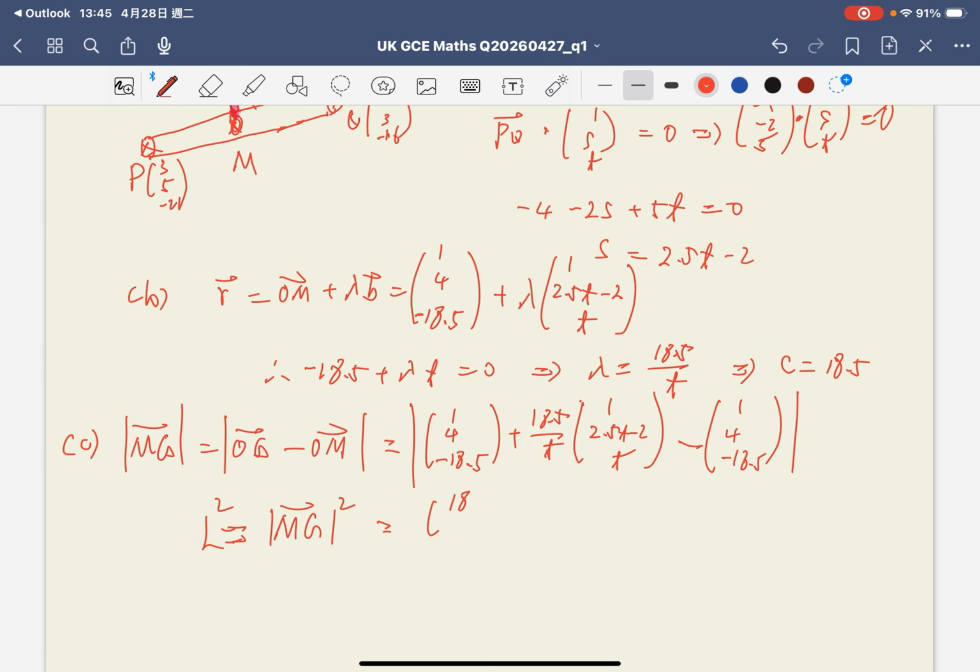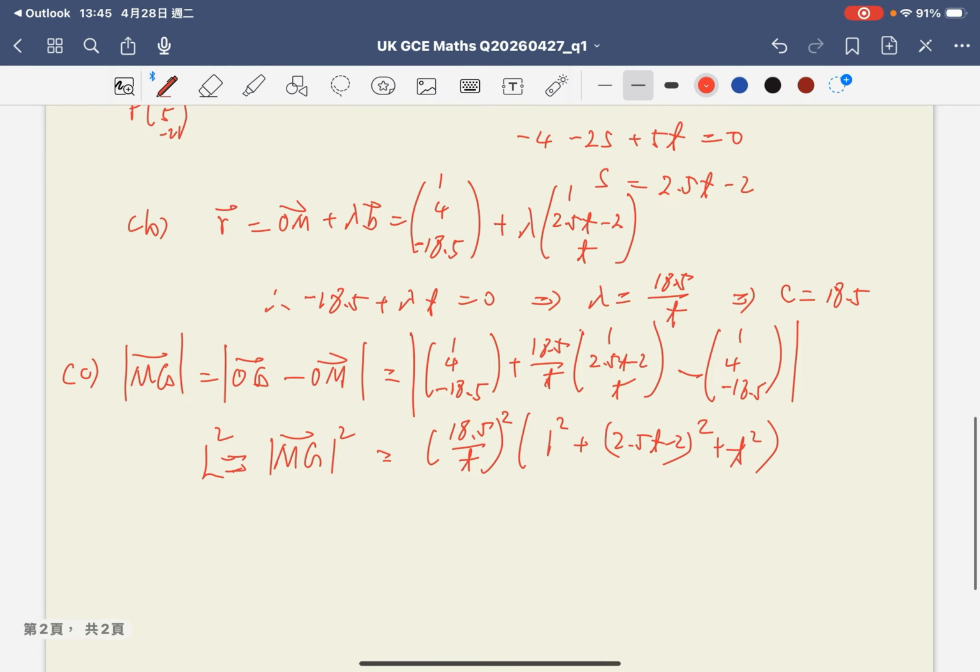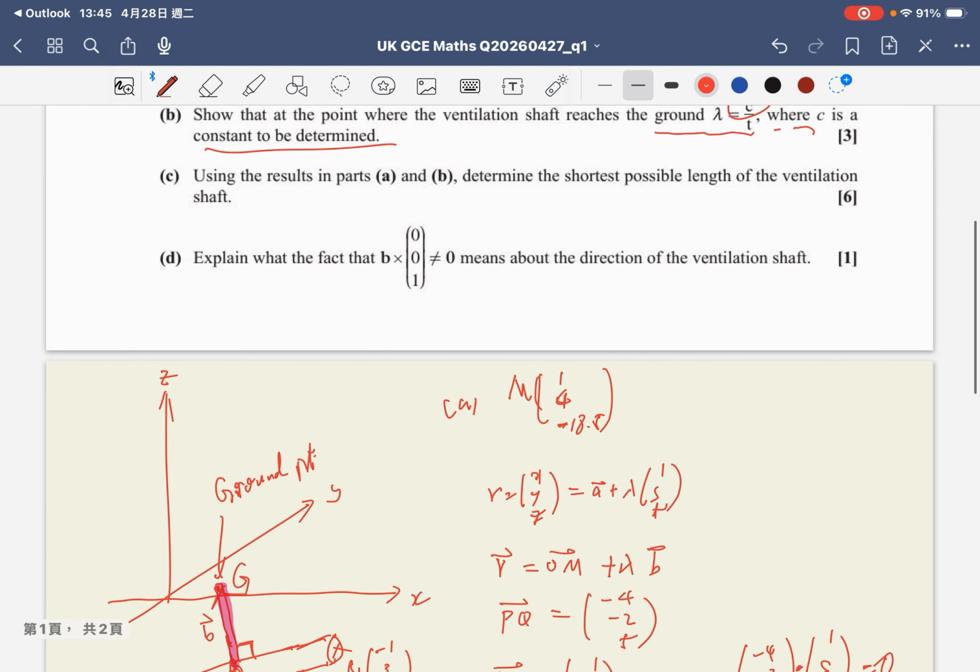And 18.5 over t square plus times 1 square plus 2.5t minus 2 square plus t square. That is the length square. And the question requests to find the shortest possible length.